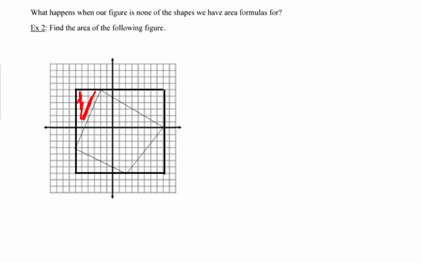And once I know the area of the rectangle, I'm going to take away the area of the red triangle, I'll subtract the area of the green triangle, take away the area of the blue triangle, and then lastly, I'll take off the area of the purple triangle, and what I'll be left with is the area of my resulting quadrilateral. So I could say that the area of my quadrilateral is going to be equal to that of the rectangle.